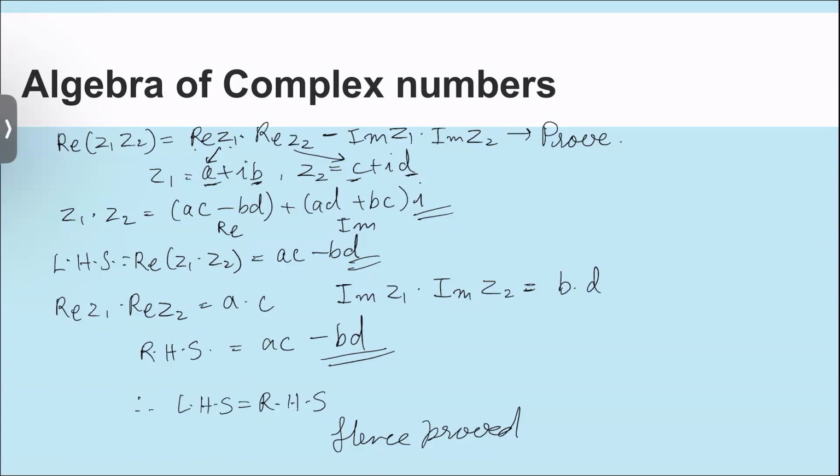Actually, this also has i, and this becomes bd i square. Since we know that i square is equal to minus 1, I had actually skipped this step entirely. So that is minus bd. So the RHS then becomes ac minus bd.